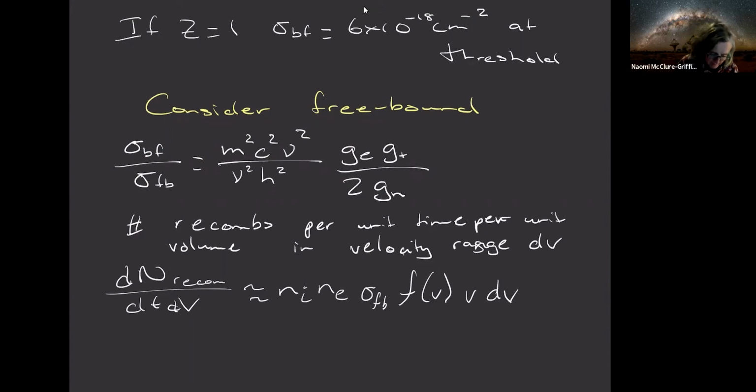And what you find from that is that the recombination rate goes as 1 over T to the 3/2 power, which is to say that cold gases recombine more quickly than hot gases. And that makes sense if you think about electrons that are very hot moving around very quickly, and they're not necessarily coming close enough to be bound into an atom.